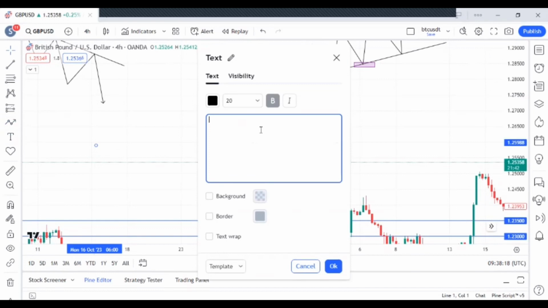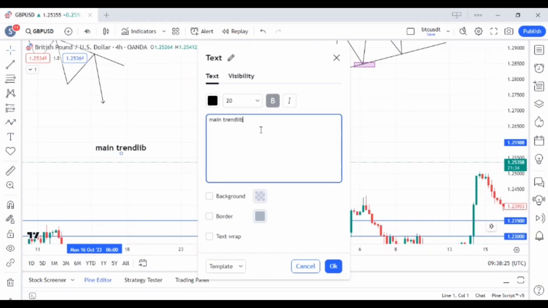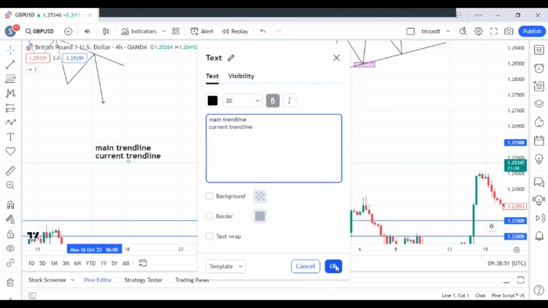I have my main trend line, then I have my current trend line, which most of the time I call my inner trend line, because these inner trend lines most of the time can fetch you maybe 100 pips in a day or even more. It depends on the market condition then.